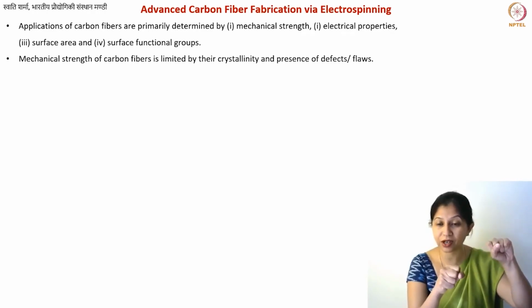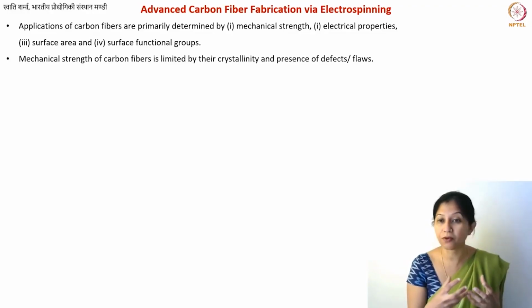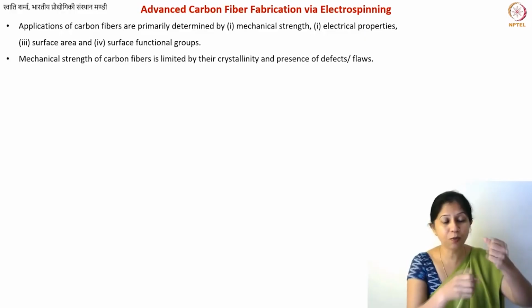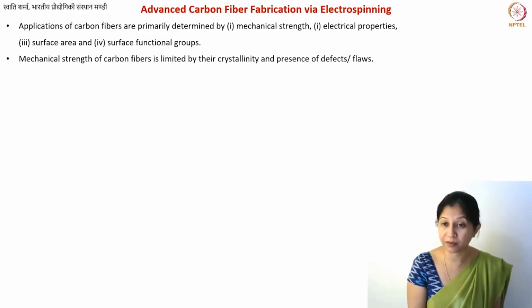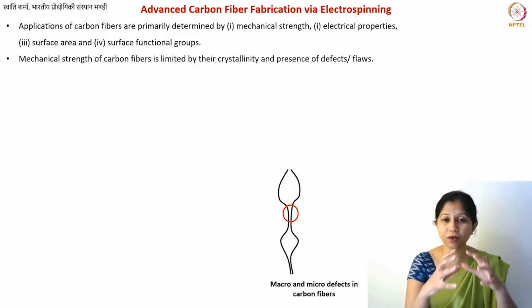This is where you can actually break the fiber when there is stress. So whenever you have these voids or flaws, when you pull the fibers, this is where the fracture takes place.